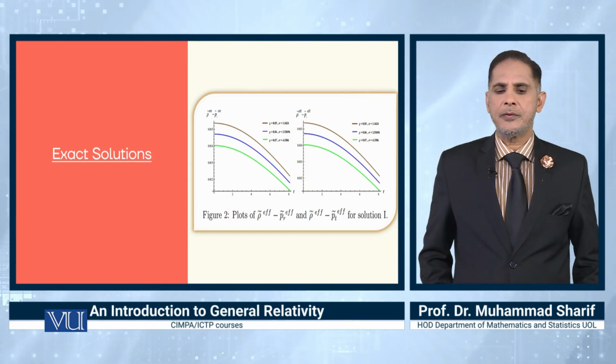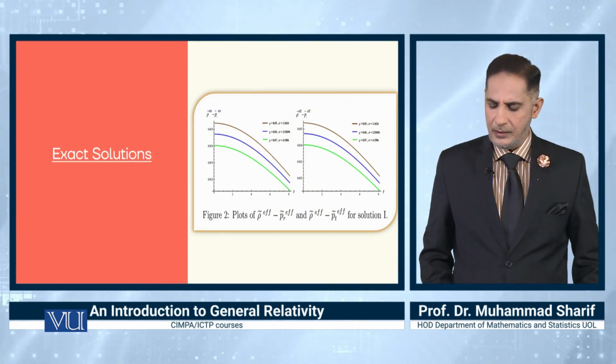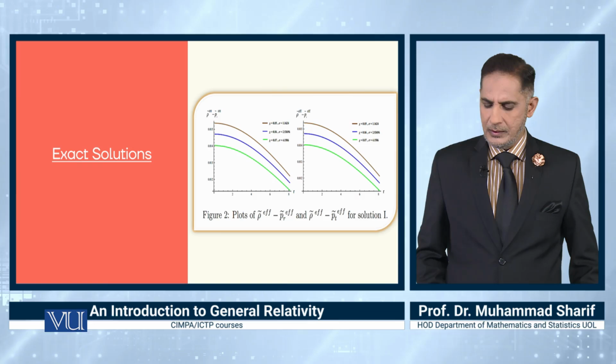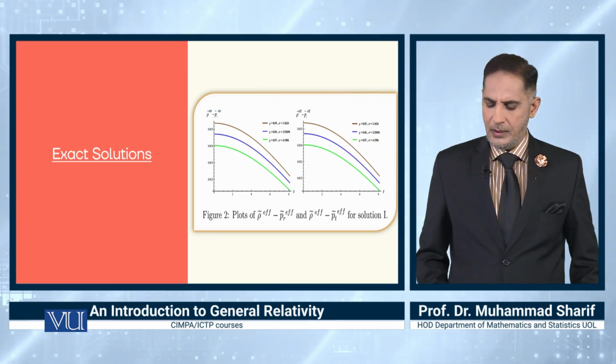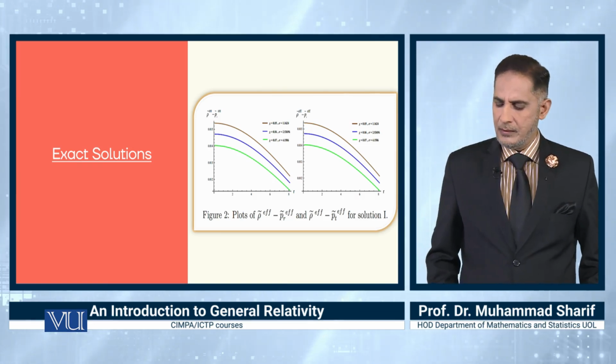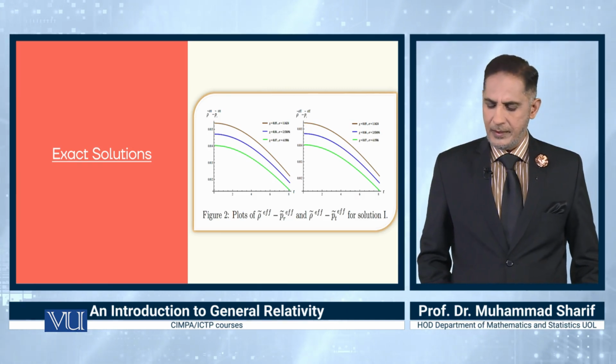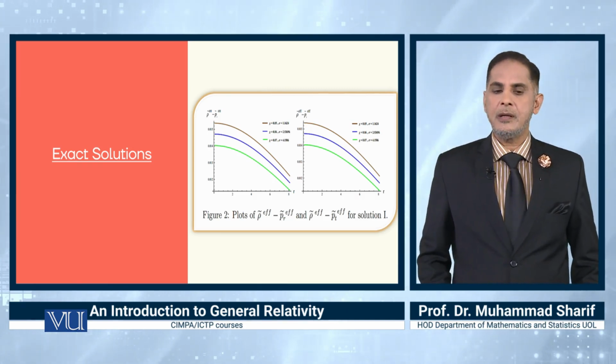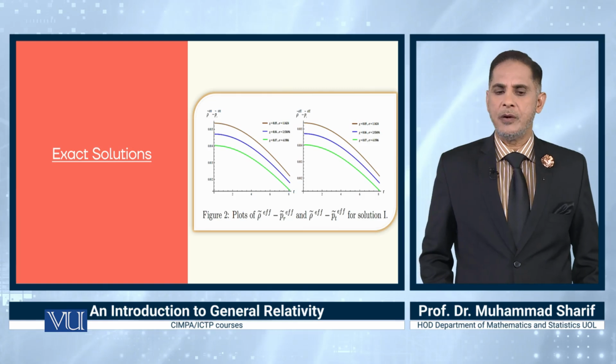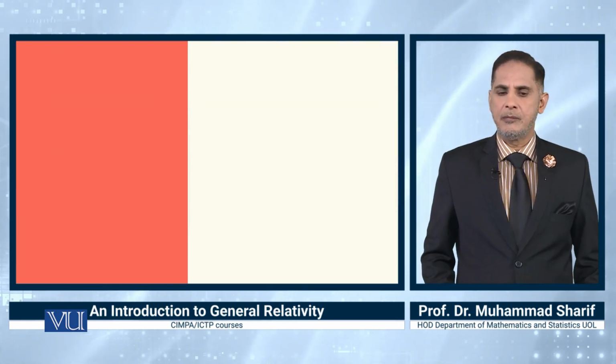Next, we see the energy conditions, and you can see the plots of rho effective and PR effective for solution 1, and again we can see these show the positive behavior which is the required behavior.